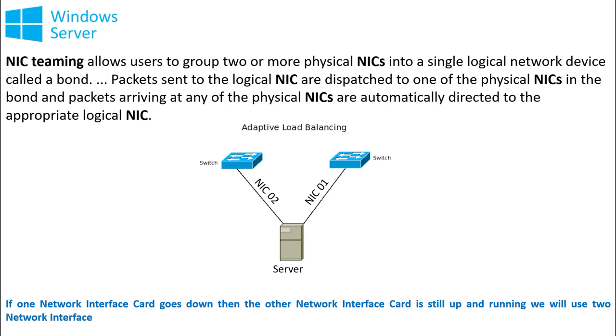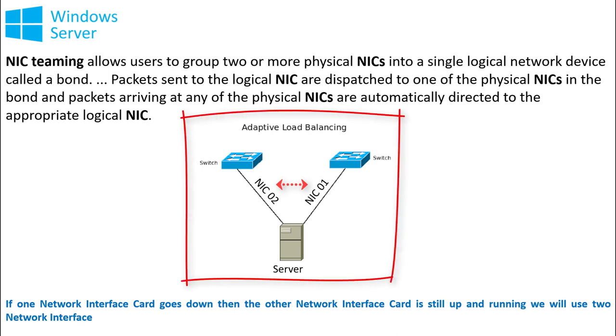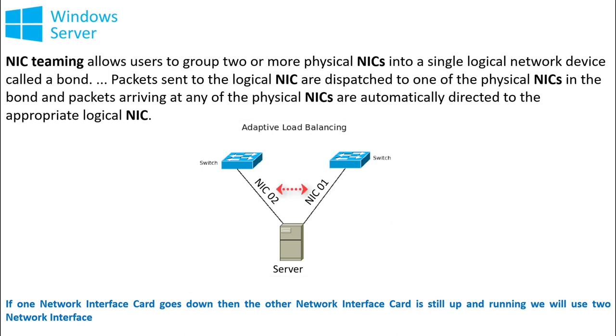We're going to create a team out of these two network interface cards, which makes them look like one network interface card. That's going to give us some load balancing, so we can use both network interface cards at the same time, and it's going to give us some redundancy.